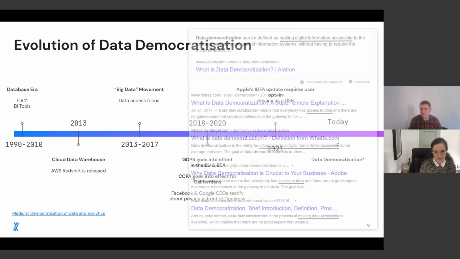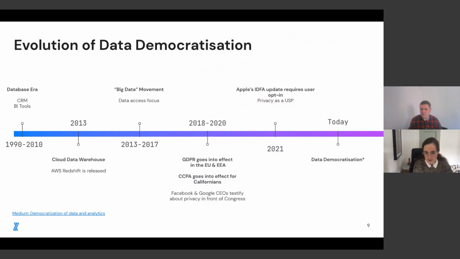Because what happened in 2018 and 2020 is that GDPR came into effect in the EU. It feels like it's been around for longer than that, or it certainly feels like it to me anyway. I feel like I've been talking about it for a very long time. And also we had the CCPA in 2020 come into effect in California as well. And then we had instances like Facebook and Google CEOs testifying about privacy in front of Congress.